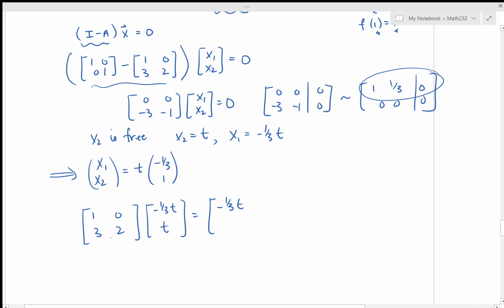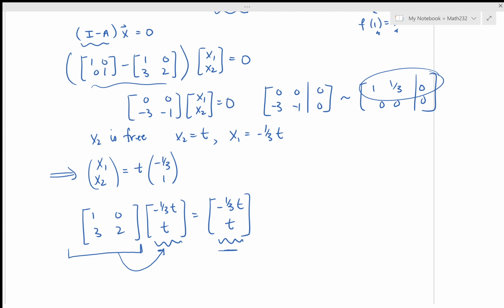I take the second row, I get 3 times minus 1/3, which is minus 1t, plus 2t. That gives me t. So this is exactly the same as this. Using this matrix operating on this vector does absolutely nothing. I still get the same thing back. The matrix did nothing. That is a fixed point. So we can calculate those for matrices in the manner just described.